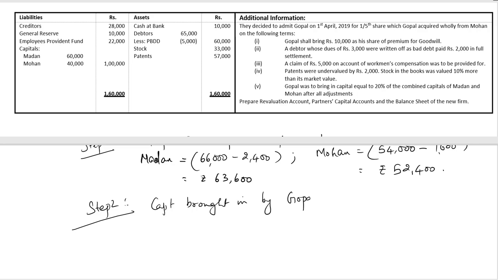We'll add up the adjusted capitals of Madan and Mohan, and 20% of this is the capital which has to be brought in by Gopal.